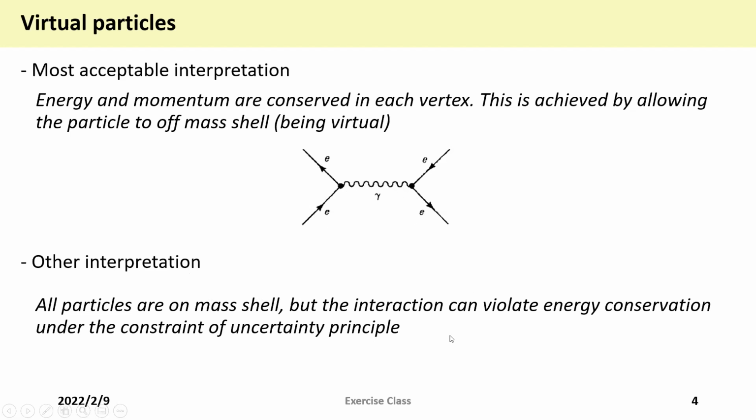But in this interpretation, we have to give up energy conservation at the vertex, under the constraint of the uncertainty principle. And if you remember, in exercise 1, we even used this interpretation to obtain the mass of the pions in the nuclear force.